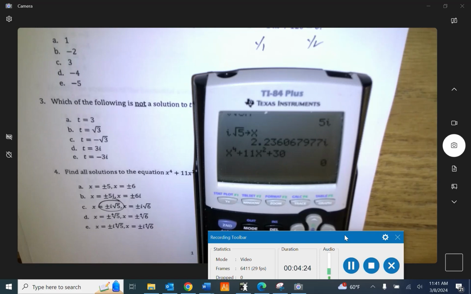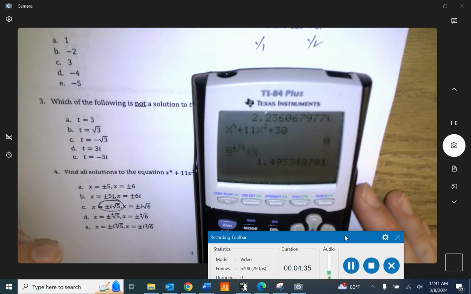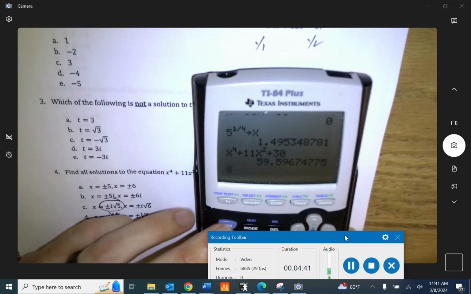Root 5? Let's take 5 to the 1/4, store it to x. Not it. Look at that one, i 4th root 5.